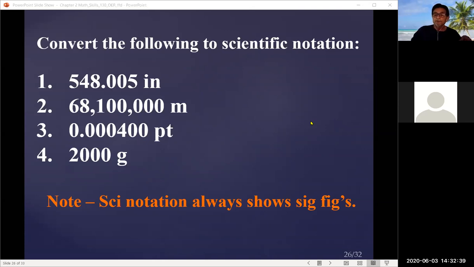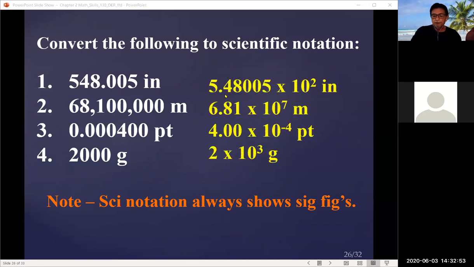So we're going from right to left. And we're going to move it to the left until we find the first integer, which in this case is the 5, and we're going to stop there. Okay, count the number of positions it took. So here we have 5.48005 times 10 to the 2nd power.